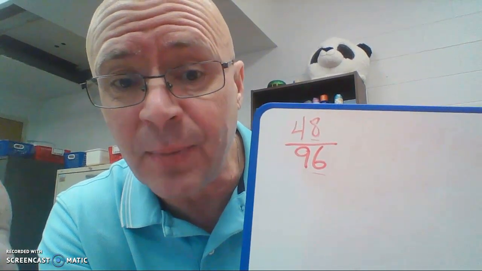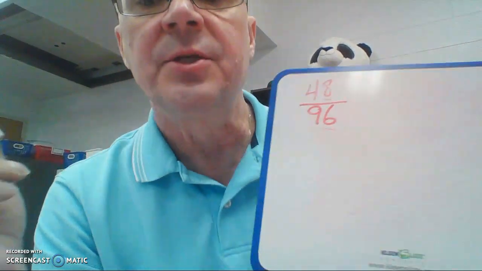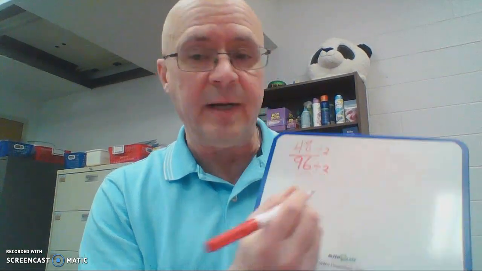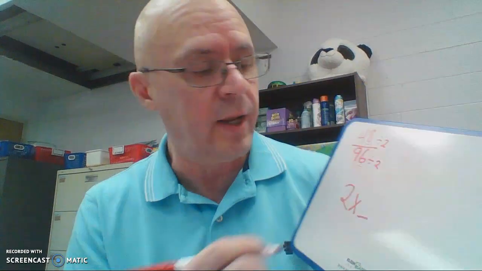They're even numbers, so they can divide by 2. So I have to ask myself, what's 48 divided by 2, and what's 96 divided by 2? Or, if 2 is a factor, what times 2 is 48, and what times 2 is 96?